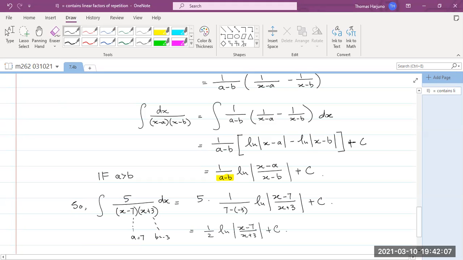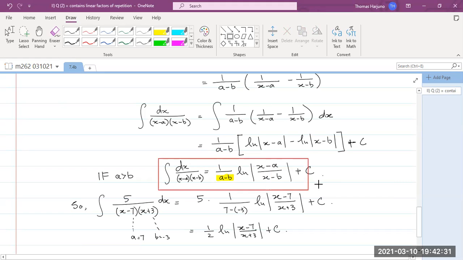That will be so nice to memorize. Okay, so I strongly recommend you to memorize this. Maybe I write it down here. So instead of keep on doing the same thing over and over again, every time you see that, just come up with a formula that we will use a lot.